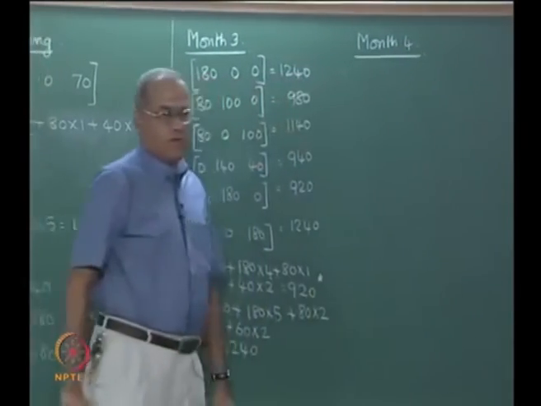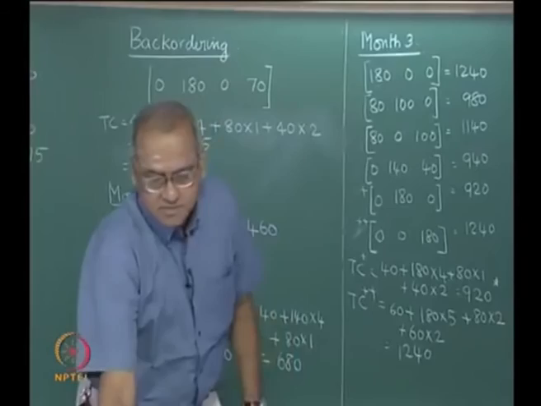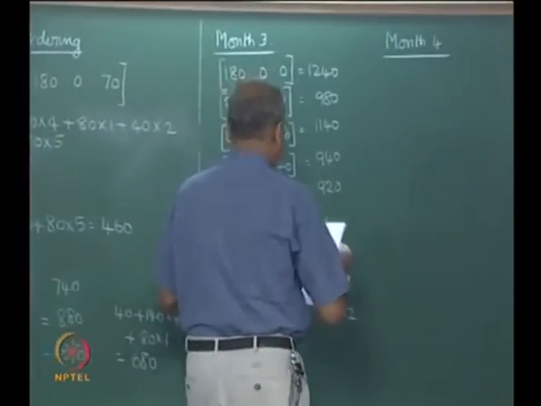Then we move to month 4. Now with month 4 we work out several combinations and these are shown here.